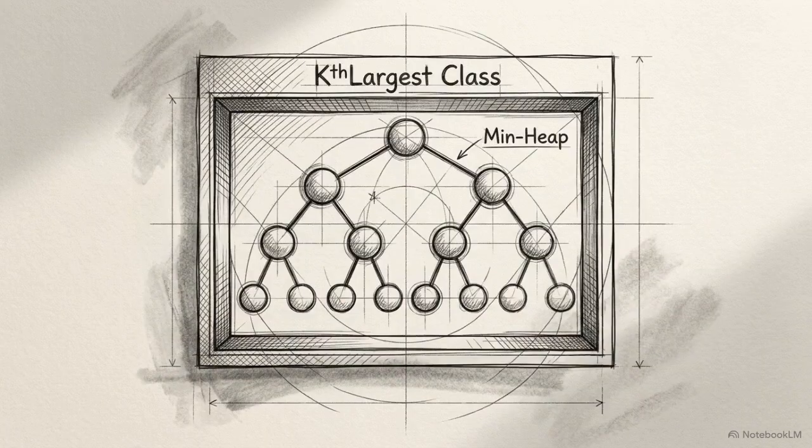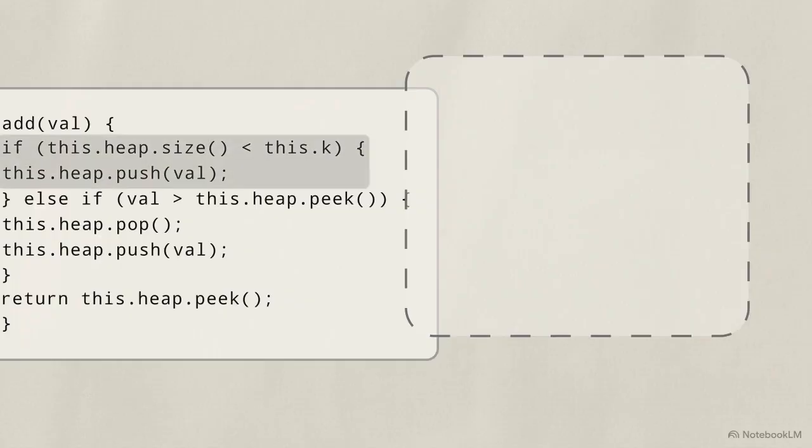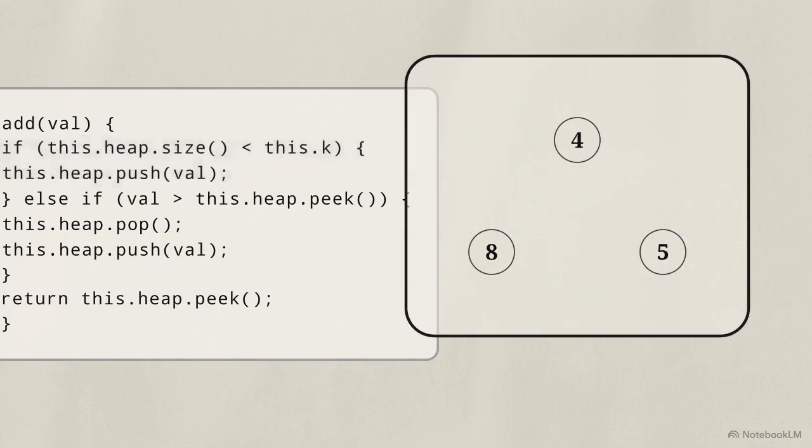With the internal mechanics verified, we move up the hierarchy to the kth largest wrapper class that controls the min heap. The constructor initializes the heap and immediately processes the initial numbers array directly through the class's add method. Phase 1 of the add method simply pushes new values into the structure until the heap size reaches exactly k. At this exact moment, the structure is capped.